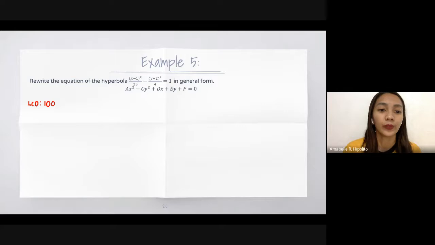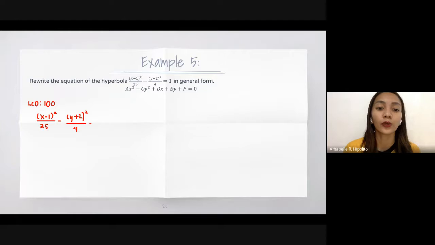So we have the quantity x minus 1 squared all over 25 minus the quantity y plus 2 squared all over 4 equals 1.